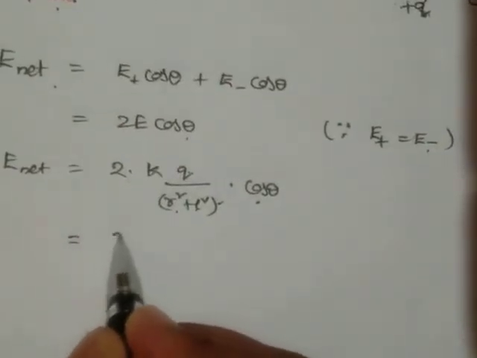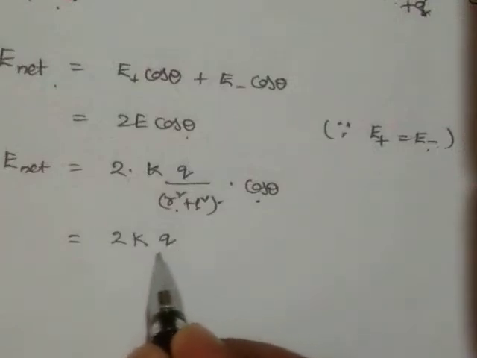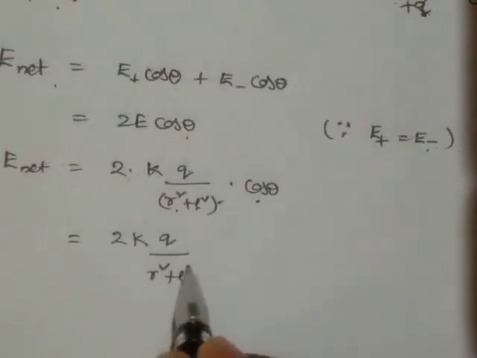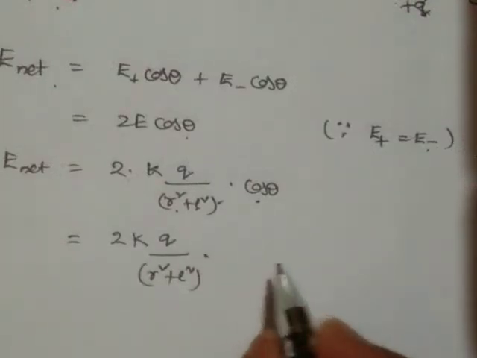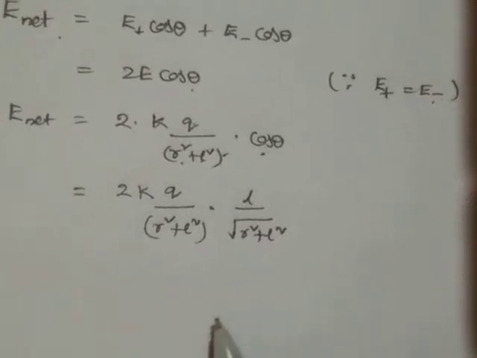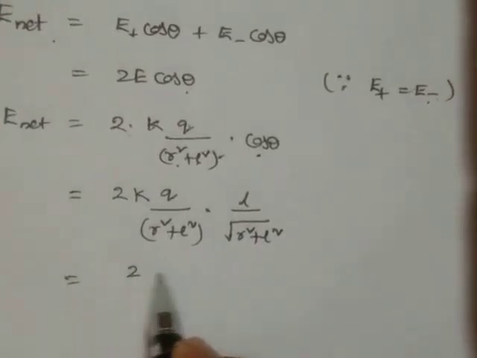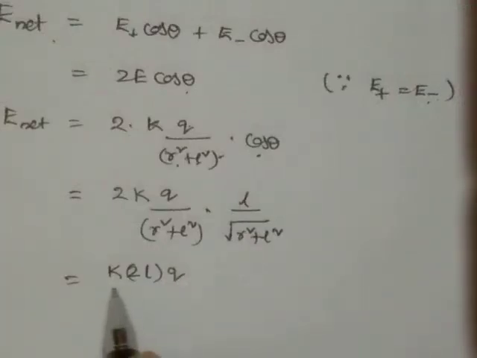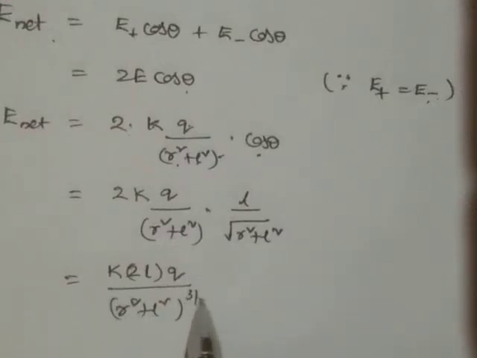So cos theta can be written as L by root over R square plus L square. By rewriting this one, 2L into KQ by R square plus L square whole power 3 by 2.